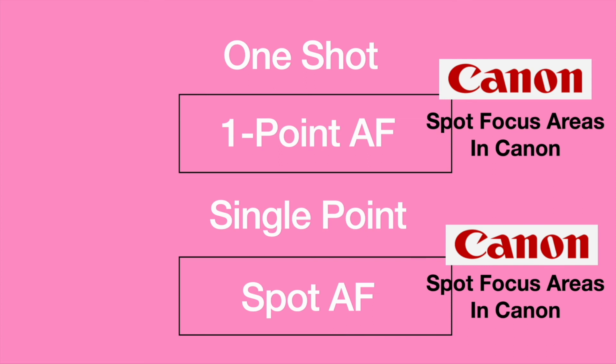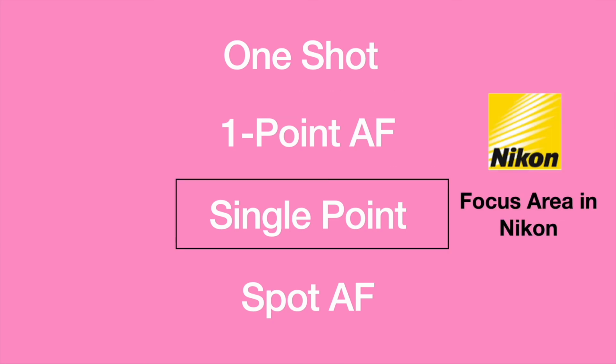So 1-point AF and spot AF are the spot focus area options in the Canon cameras. Just bear in mind that spot AF is very narrow and 1-point AF is slightly wider than spot AF. And single point is the spot focus area in the Nikon world. Did you get the answers correctly?